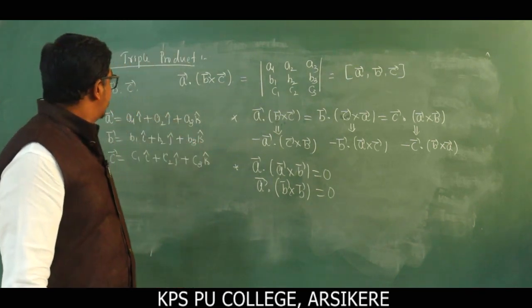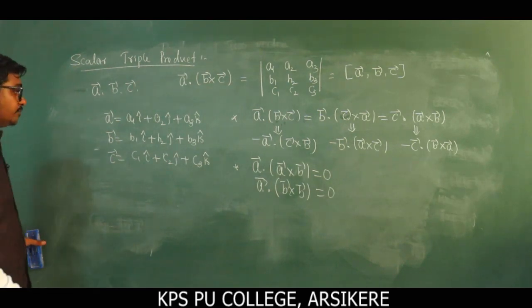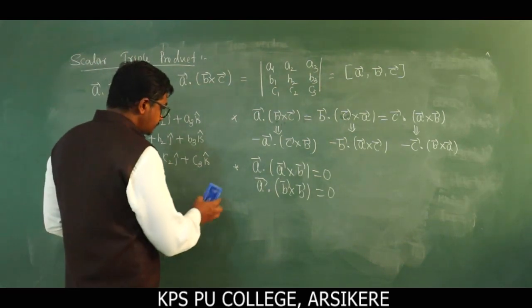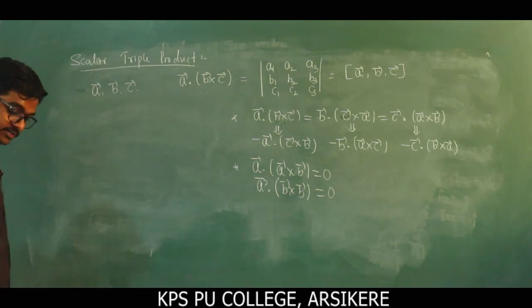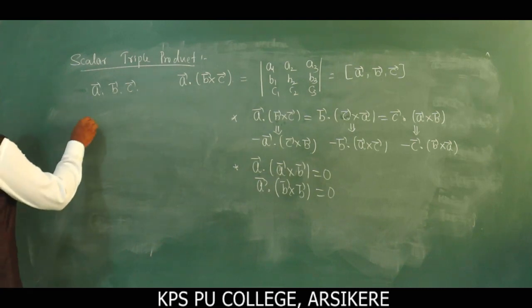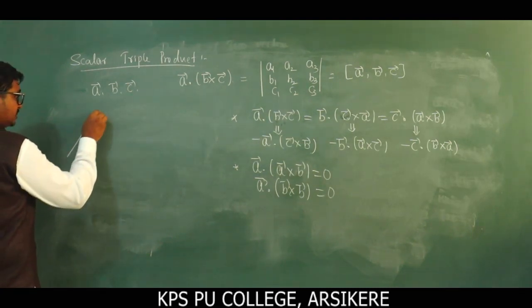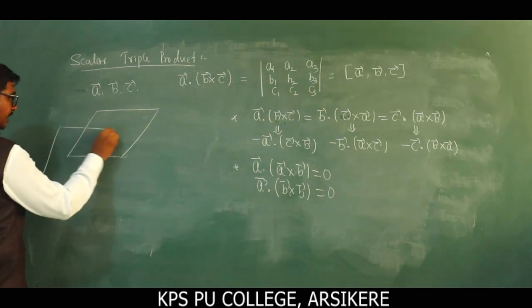And we have the application of scalar triple product. Whenever vector A and vector B and vector C represent the co-terminal sides of a parallelepiped, so this is the parallelepiped.